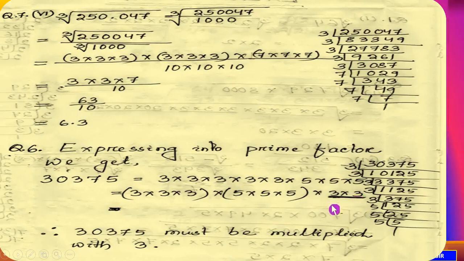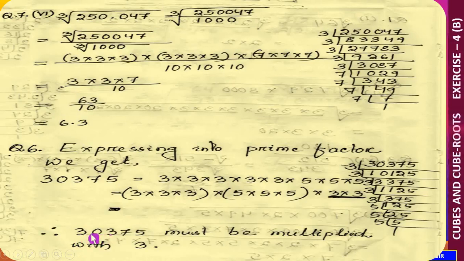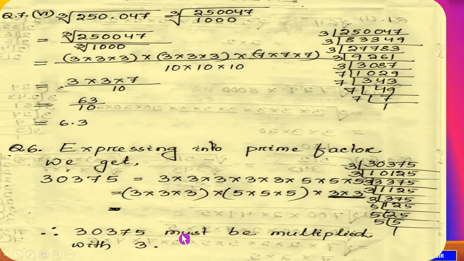So to make this a triplet, one more 3 is needed. Therefore 30,375 must be multiplied with 3. So one more 3 is there, then it will be a triplet.